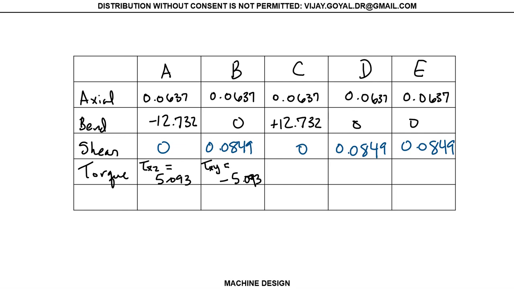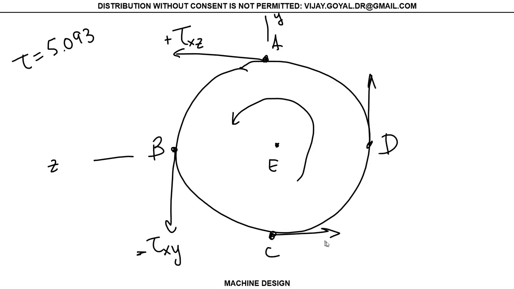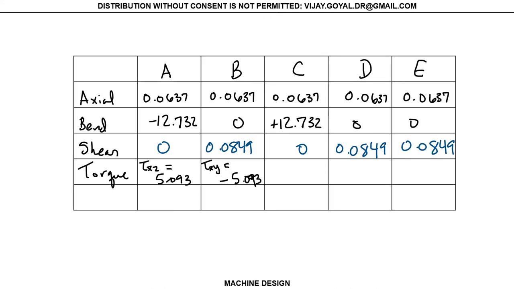Go to point C now. Point C is acting in the x plane in the z direction, but negative, because z is positive and this direction is going in the opposite direction. So this will be tau xz, minus 5.093. And obviously this is 0. Let's put the 0 there.